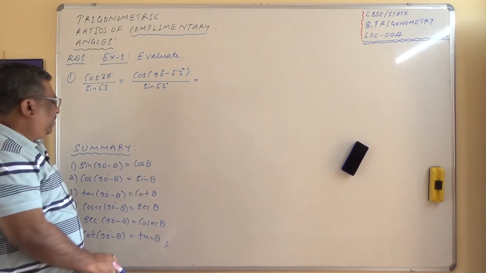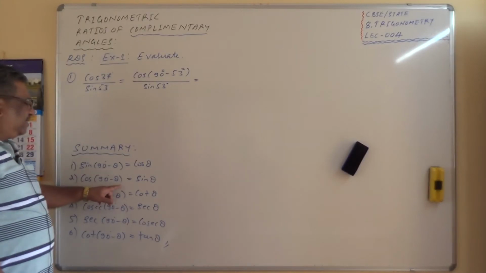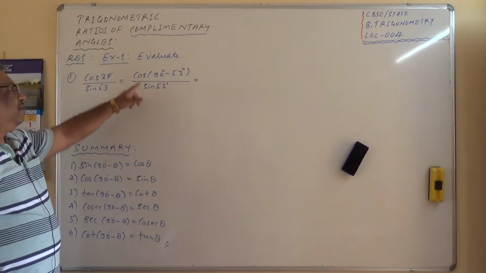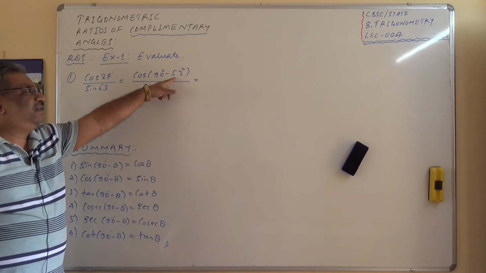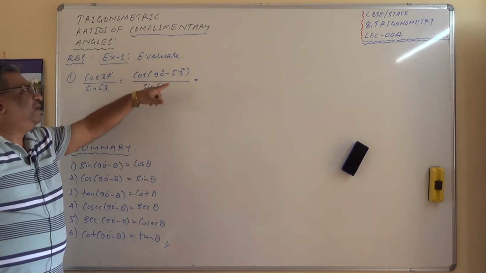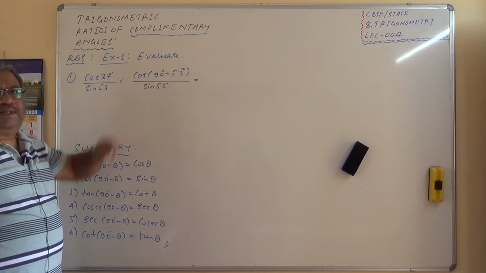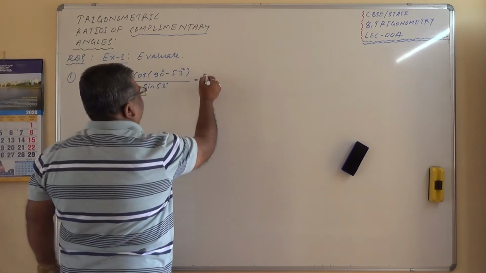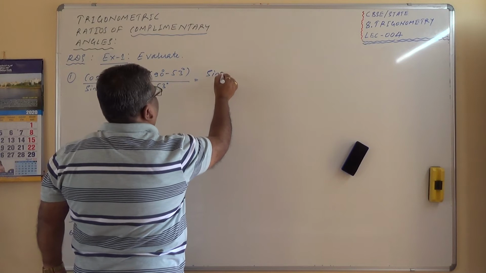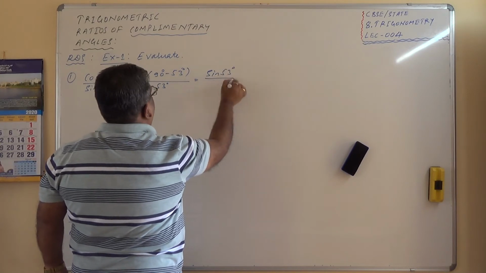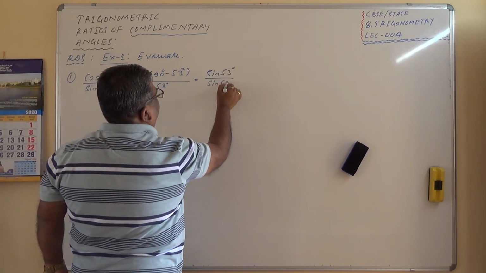Sin theta. Here it is, cos of 90 minus theta equals sin theta. Here theta is 53 degrees, and therefore cos of 90 minus theta equals sin theta, means sin of 53 degrees, which equals sin of 53 degrees divided by sin of 53 degrees.